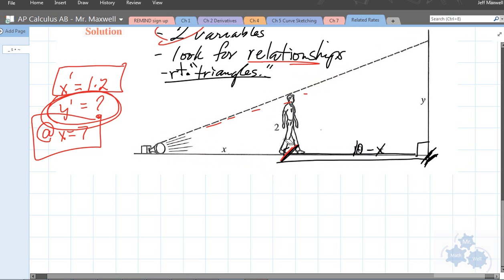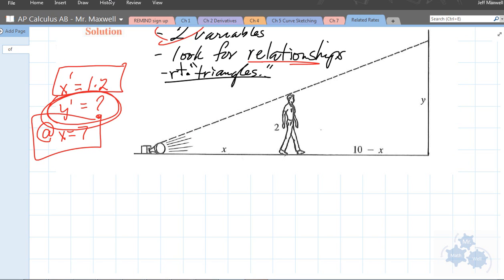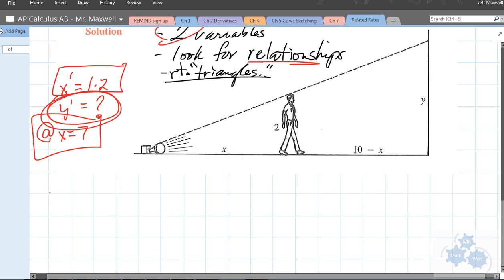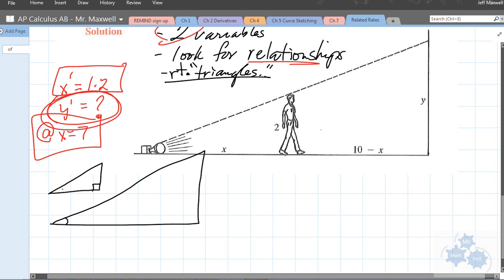All right, so let's just clean this up a bit here. Similar triangles. What do we know about similar triangles? Remember way back when similar triangles? Okay, well you got 90 here. We've got a small triangle and a large triangle. And because they share the same angle, these are similar.